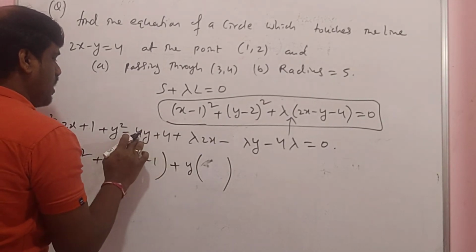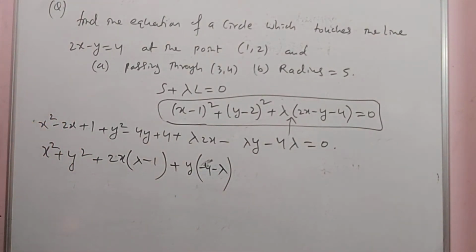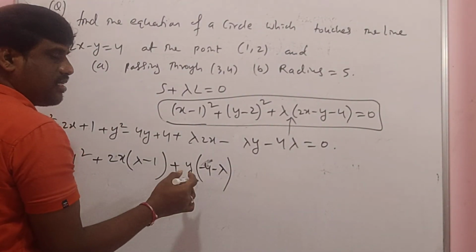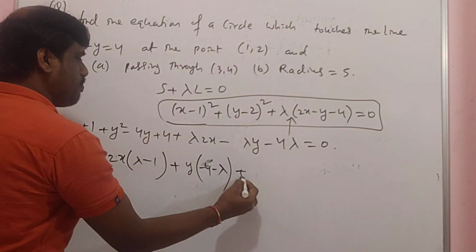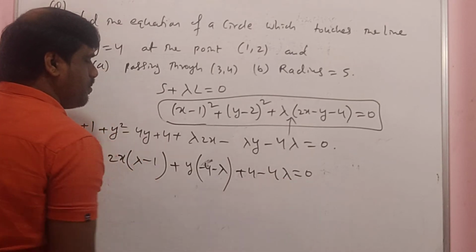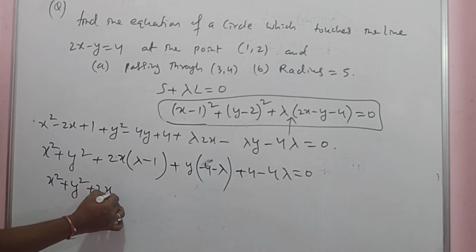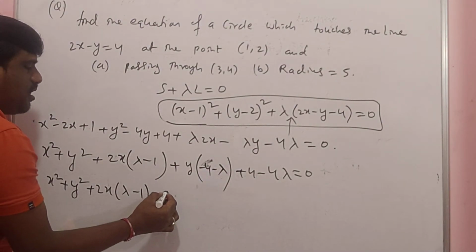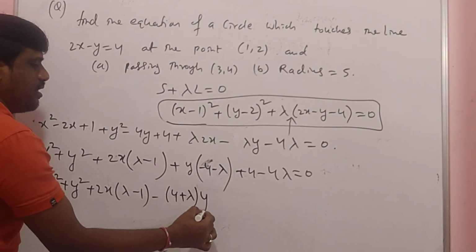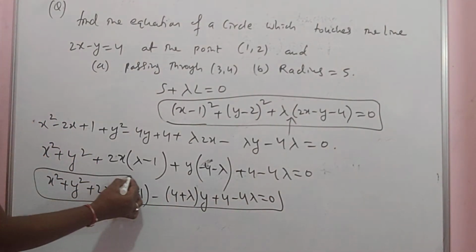If I take minus common, minus into minus will get common out. And then the constant here is plus 4 minus 4 lambda is equal to 0. Correct? Now I can write x square plus y square plus 2x into (lambda minus 1), and if I take minus common, minus (4 plus lambda) into y, plus 4 minus 4 lambda is equal to 0. This is the required circle in simplified manner.